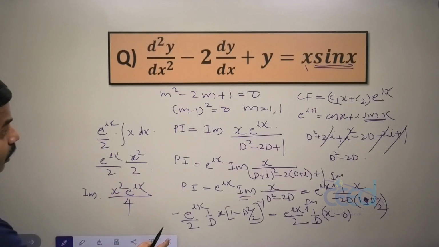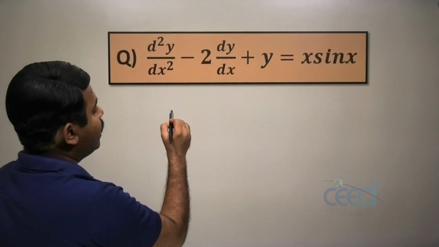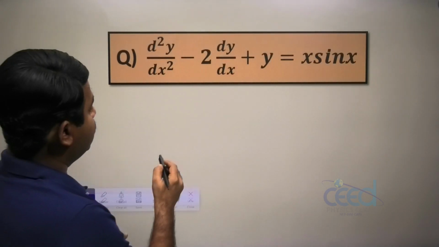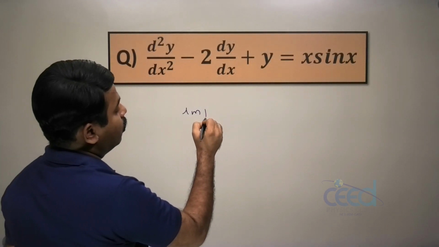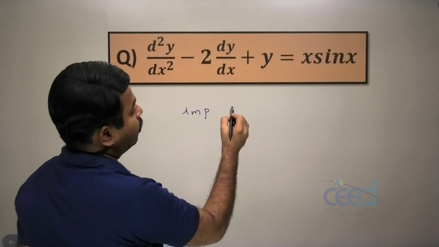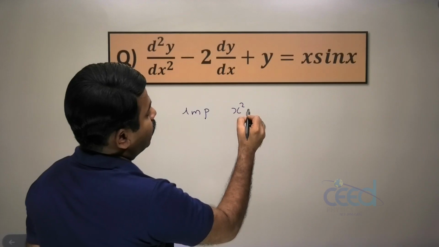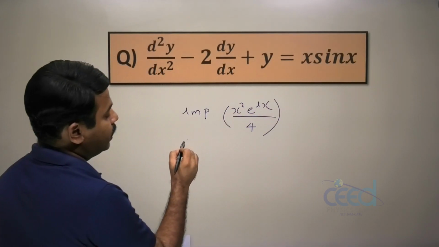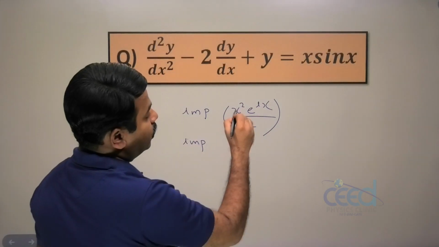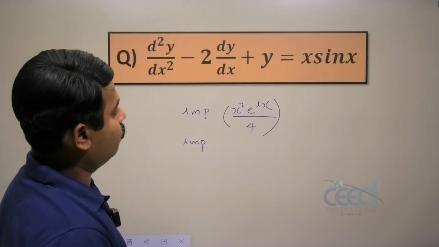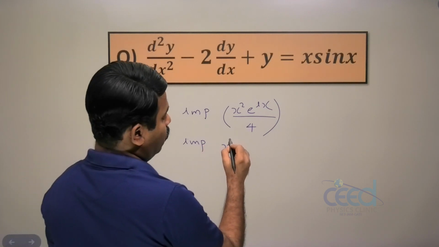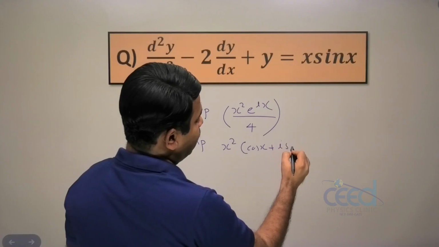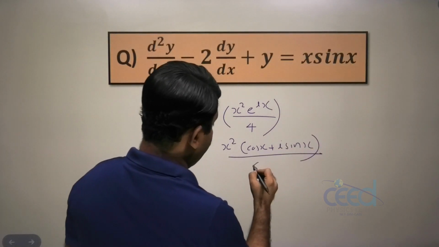I am writing in a fresh area. The imaginary part of x square e raised to ix divided by 4: x square into cos x plus i sin x divided by 4.